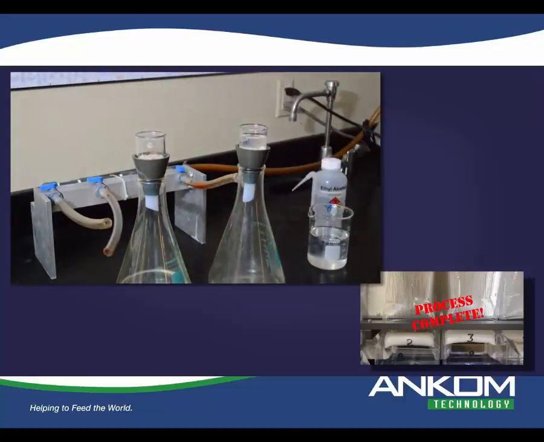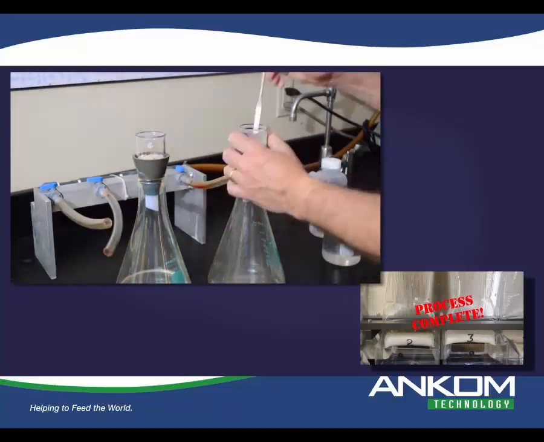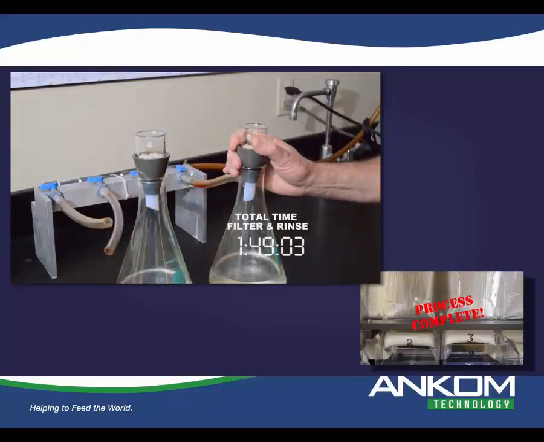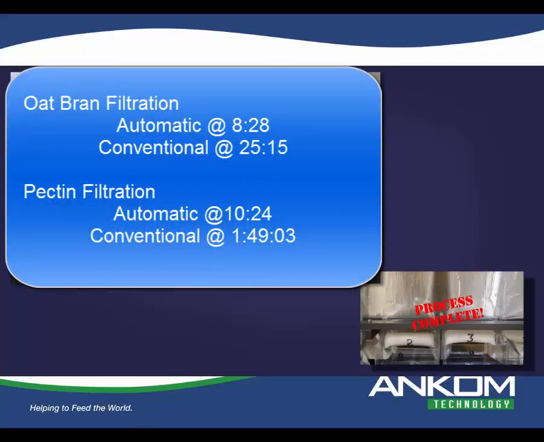But the bottom line was that's not what the method calls for, and most likely they were underreporting many of their results because of sample loss. Those are the kinds of things that happen because we can't necessarily control what the technicians are doing because they're busy. And so they develop shortcuts like shaking up the crucible and the diatomaceous earth in order to disperse it to increase the porosity, to shorten their filtration time.